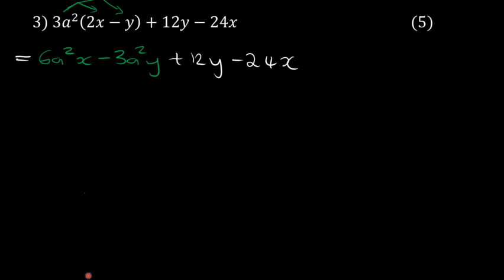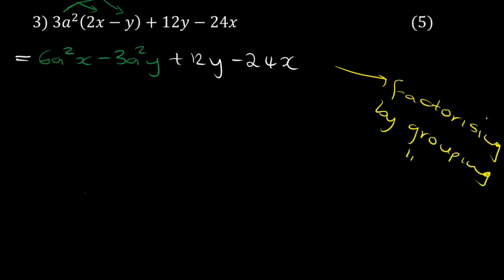Now, these are 4 different terms that you cannot add them. They are not like terms. So this should tell you this is factorizing by grouping, by grouping in pairs.